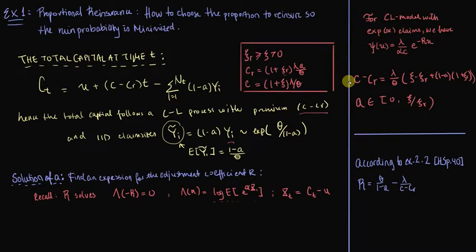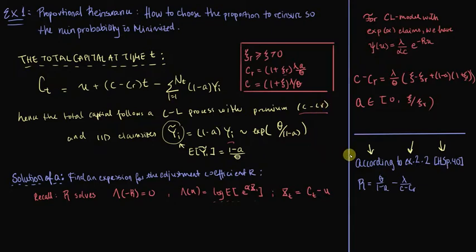And since we know that the claim sizes are exponentially distributed, according to a very nice result in example 2.2 on Hansch-Schmidli page 40, we actually have an expression for the adjustment coefficient in this case.